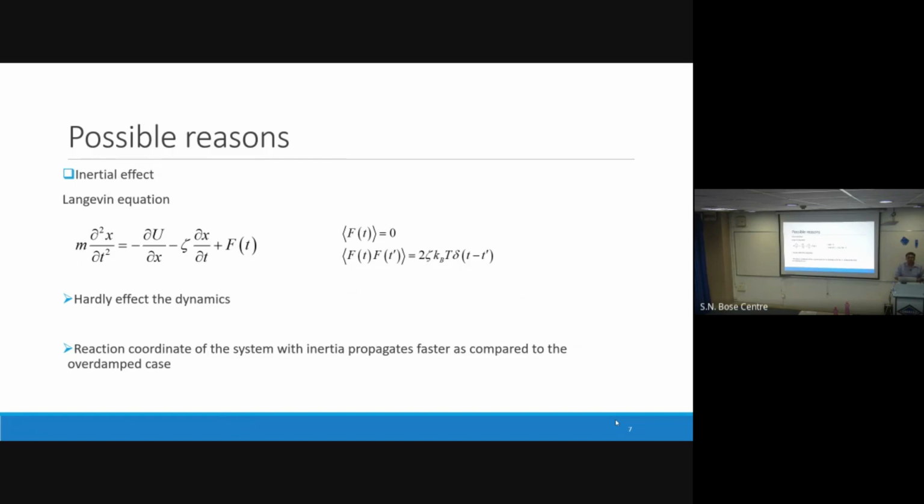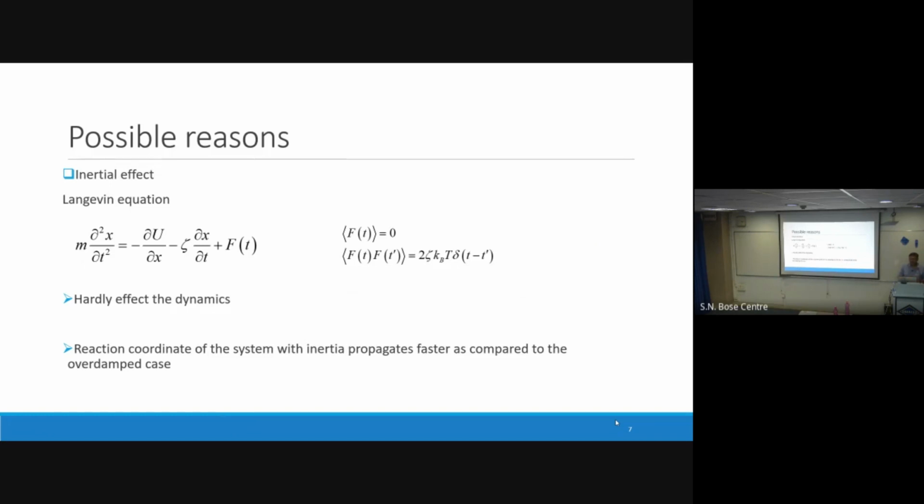So what could be the consequences? It hardly affects the dynamics, because in most experimental conditions or computer simulations it affects only the very short time scale, even shorter than the molecular dynamics time step. Also, if you include the inertia term, the system propagation will be faster, because the friction will be less.